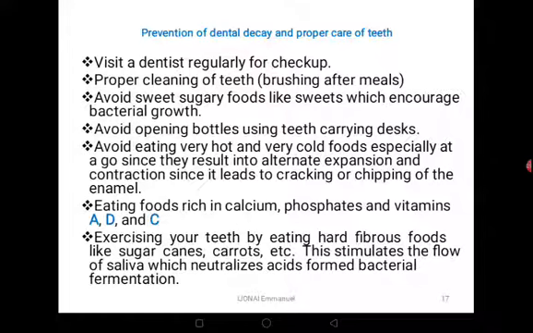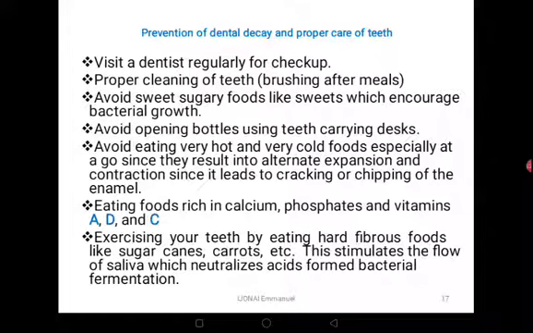Proper cleaning of the teeth. The best way of cleaning the teeth is by brushing, especially after every meal. Then avoid sweet, sugary foods like sweets, which encourage bacterial growth. Some people eat sweets, others lick sugar, others eat cakes, and so on, and then they do not brush.